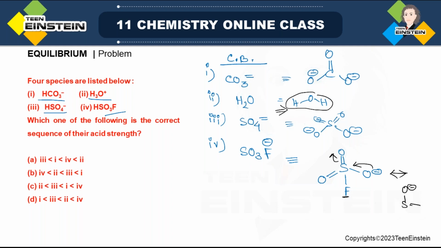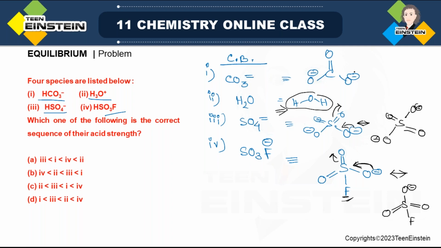Now the negative charge is here, the double bond is here, this double bond is not disturbed, and F. So this negative charge is coming towards S, and it will be easier because of the presence of the electronegative atom. Here also it is possible, and you will get negative charge here. But remember, it will not be as you are seeing in the last case. So in the last case, resonance will be maximum.